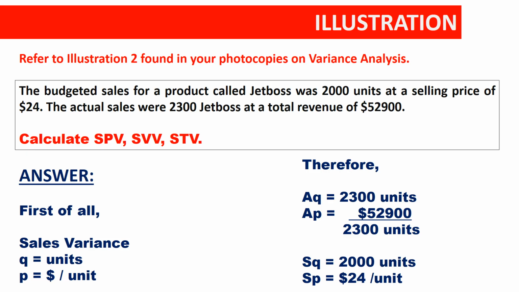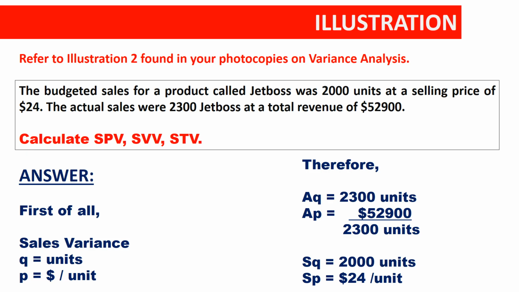Please note that, for sales variances, Q is equal to units, and P is equal to X dollars per unit. In this illustration, AQ is equal to 2,300 units.